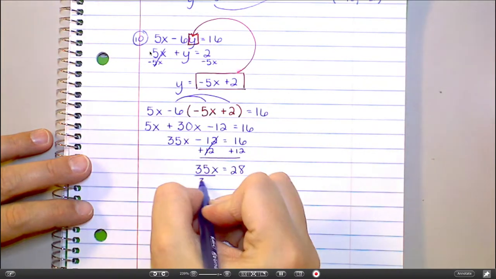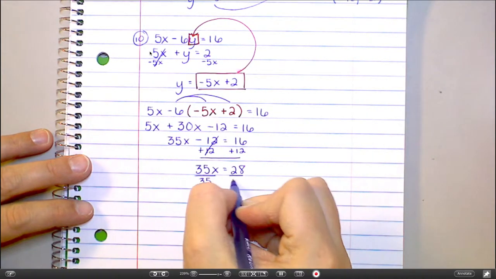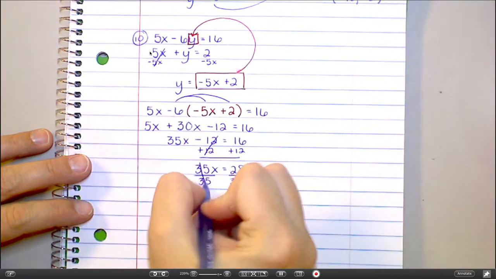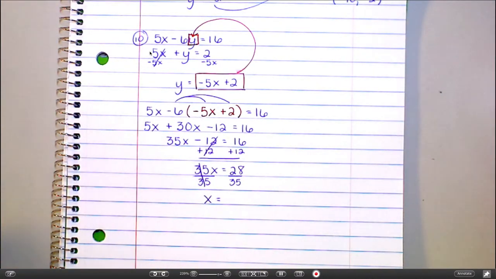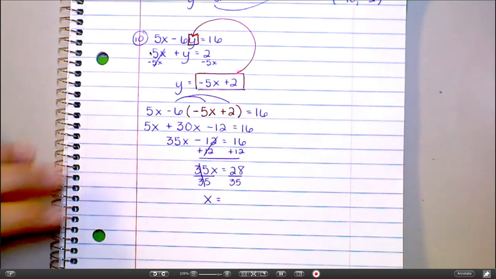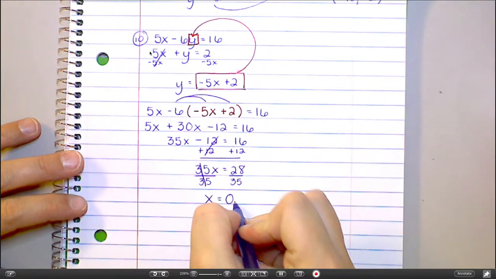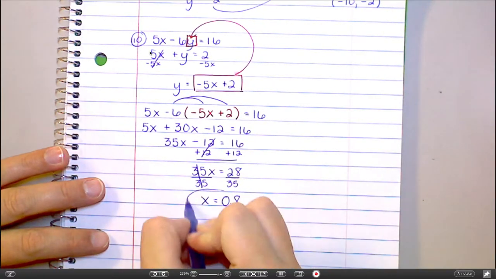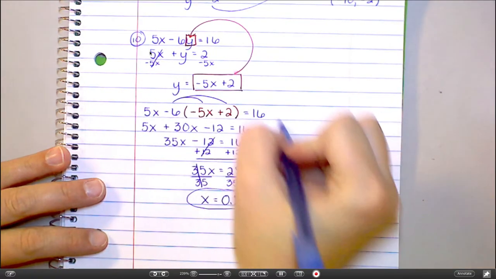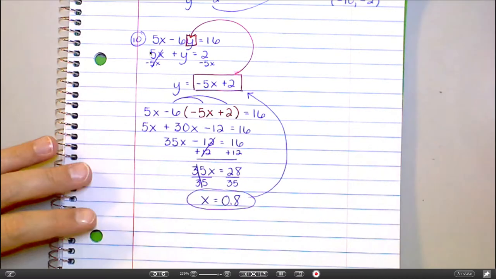And then when you divide, you do get a decimal, but it's not scary. What is it? Anyone have it already? 0.8. 0.8, that's it. Yep, x equals 0.8, which is correct for this one. So then let's take what x equals and plug it back in right here where it tells us what y equals.